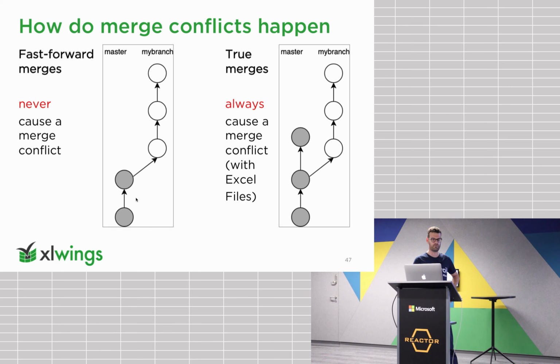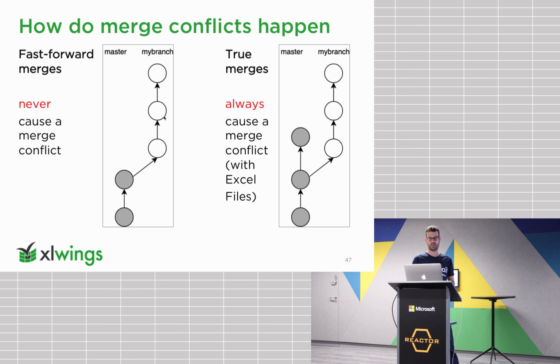The gray commits are the master branch, and you branch off into a branch which I just called my branch, and you make the white commits on that branch. If you are in this position and try to merge my branch back into master, you will have no issue, because you didn't do any parallel work on different branches. You were just on a different branch, but in the end, you may as well have stayed on master. So Git, in that case, will do the same as it does with text files. It just pushes your branch over master, and that's called a fast forward merge.